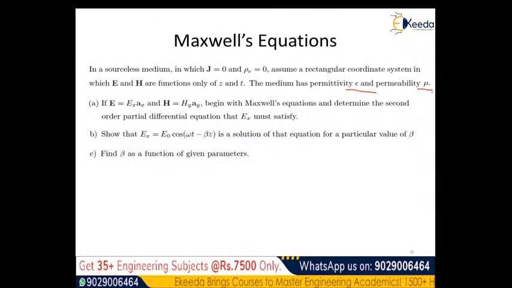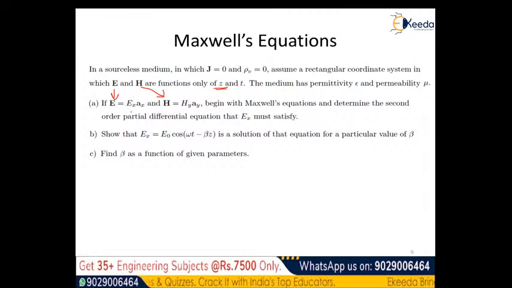So here in part A, we shall focus our attention first of all. If capital E is provided as Ex ax and capital H is provided as Hy ay. Now you see, z is the direction selected for the representation of E and H, in which there is a change here.